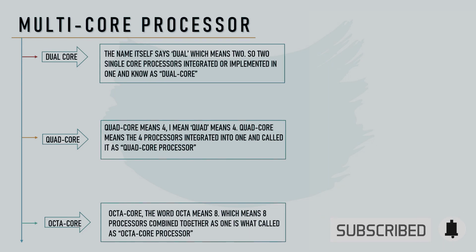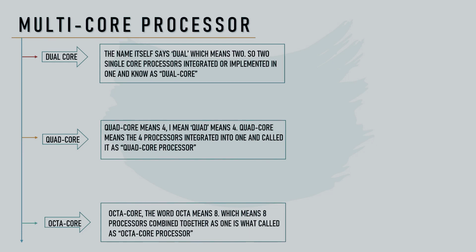And quad core, the same. Quad core means 4: in one single square, 4 squares were implemented and integrated, which means it can do multitasking too. And the formal definition is like this: quad core means 4 processors integrated into one, and so we call it a quad core processor.